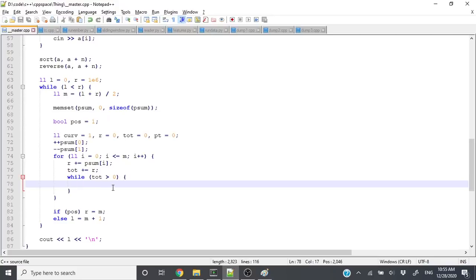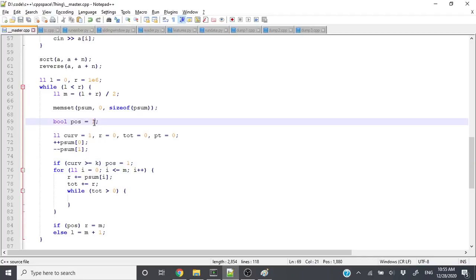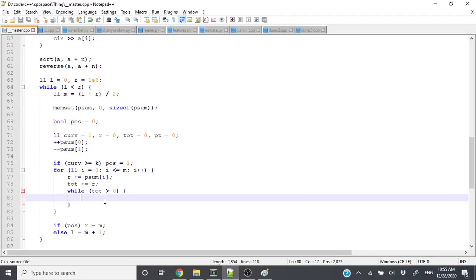While total is greater than 0, we take as many as we can. Actually, this should initially be 0. And we're seeing at any point if it's possible.